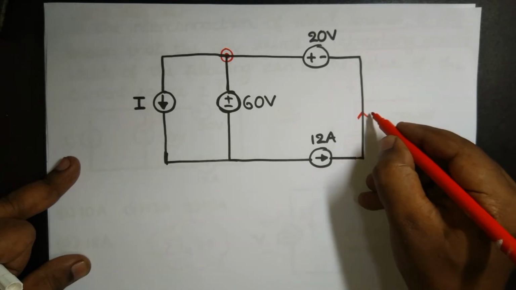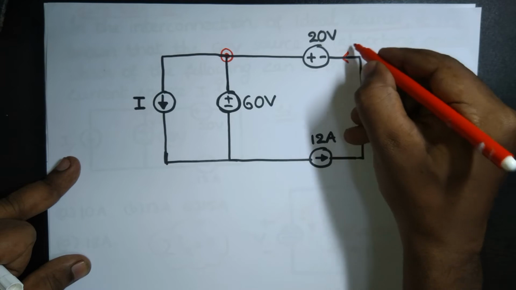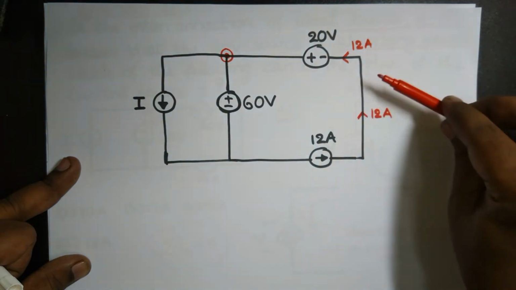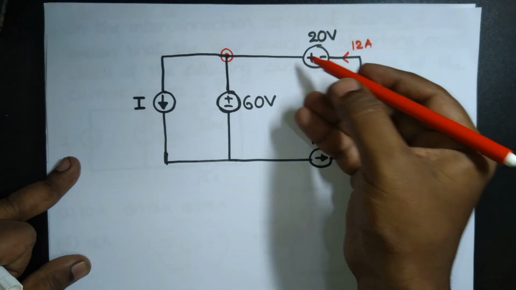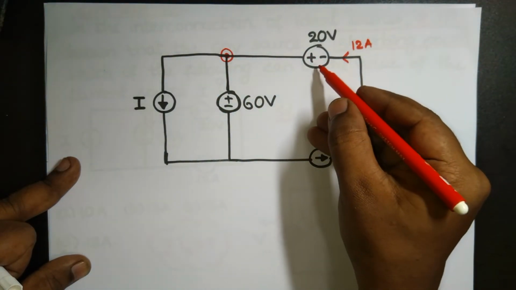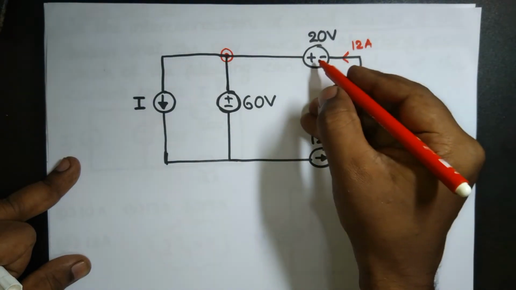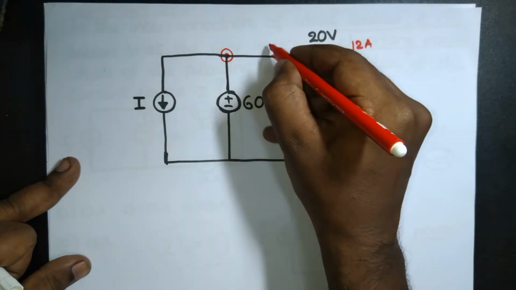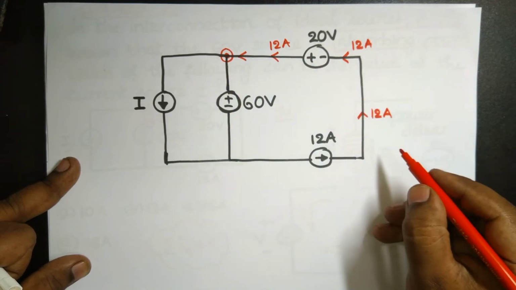This source current would be the branch current, the same 12 amperes we could see here, and this 12 ampere would flow through this 20 volt source. See, it's entering at negative, exiting at positive. So therefore it is a rising voltage, not a drop. Again the same 12 amperes will come here. So all the way you have 12 amperes here.